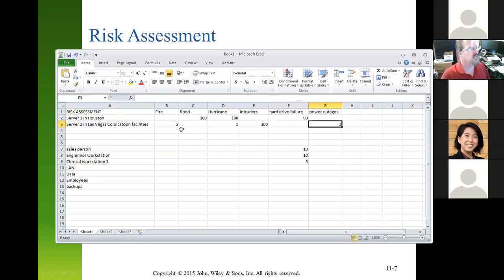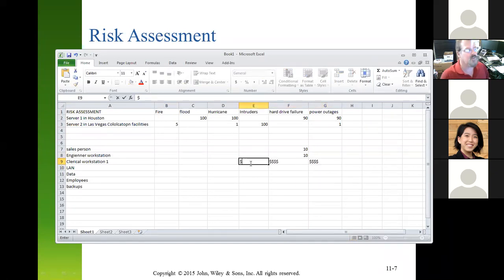But here in Houston, yeah, we have power outages all the time, which have nothing to do with floods and fires and hurricanes. It just has to do with everybody turning on their air conditioning in the morning. So what you end up with is a spreadsheet with numbers in it, and you look at the items. The bottom line is this is all money, money, money. All these things are money.